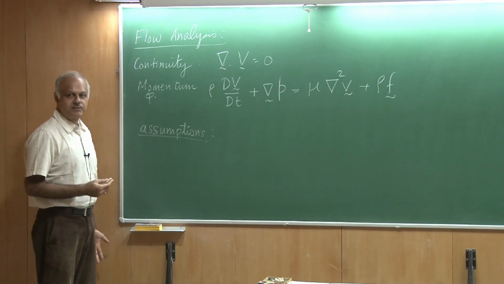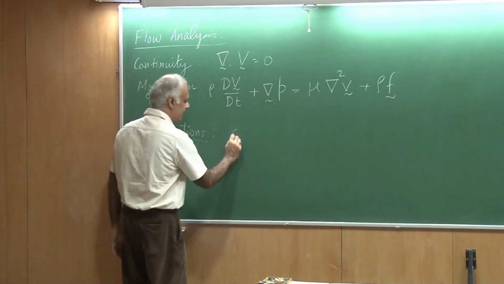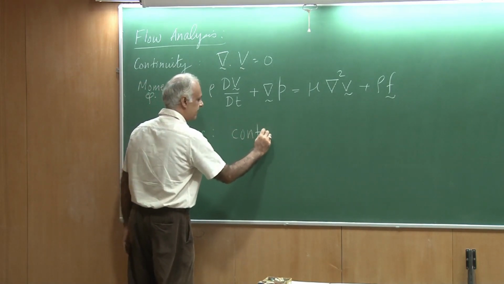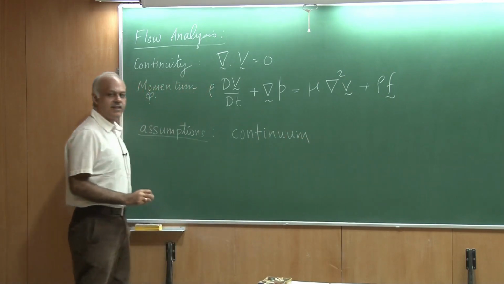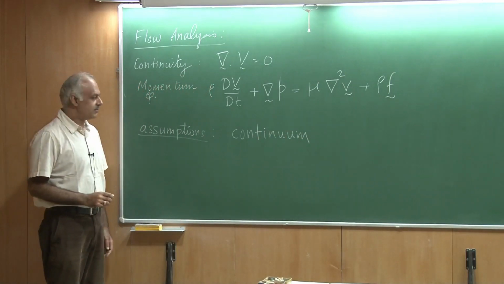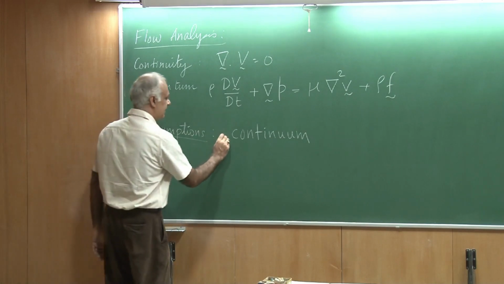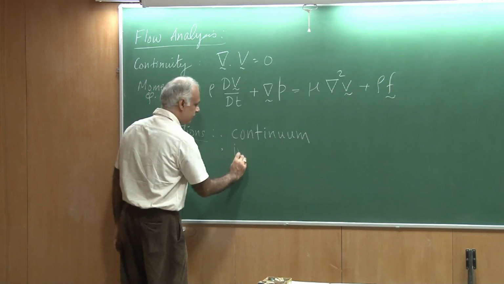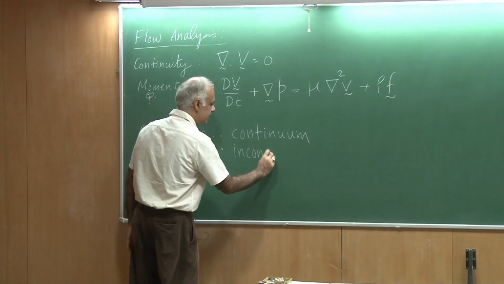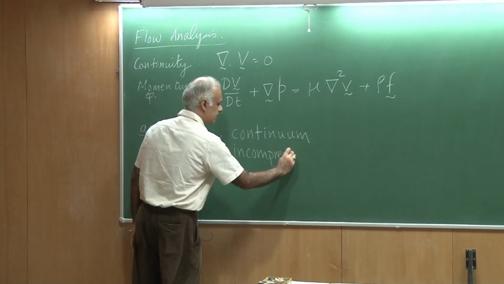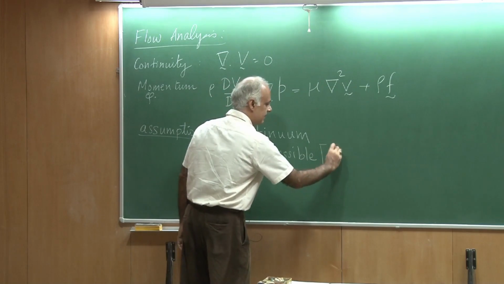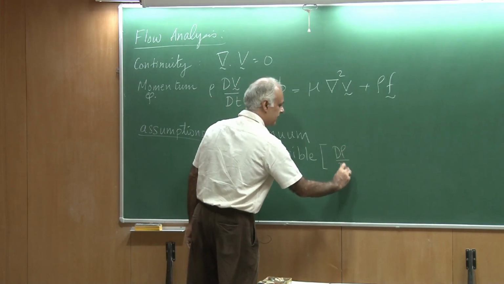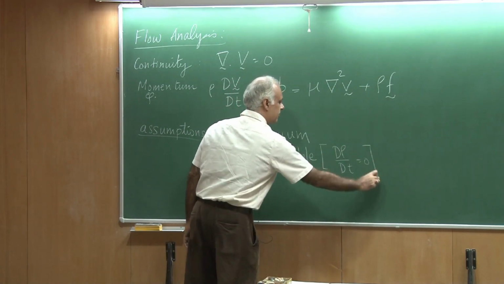Of course, the first assumption that we have made is that we can treat the fluid as a continuum. So these equations are valid only if we make that assumption. The second is we have assumed the fluid to be incompressible, which actually implies that d rho dt is 0.